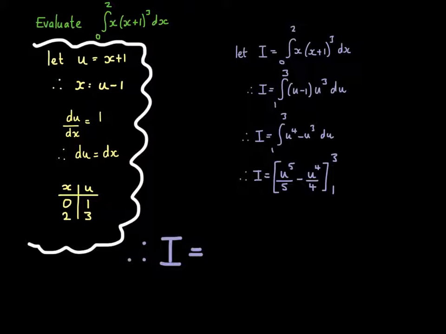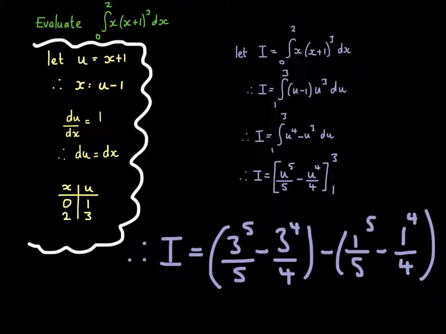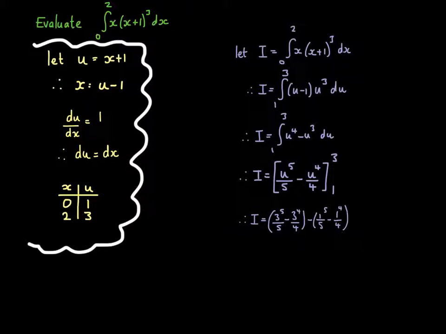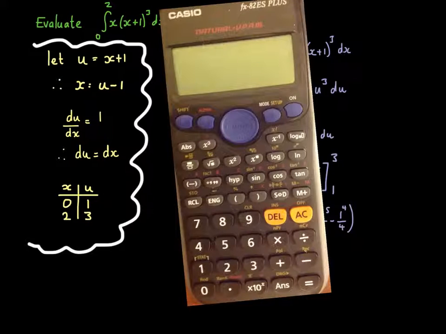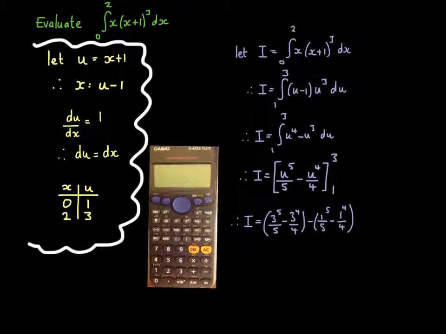We just use the 3 and the 1 to work out our value. So cast your mind back to C2, that's going to be 3 to the power 5 over 5, subtract 3 to the power 4 over 4. And now we substitute the 1s in. So 1 to the power 5 over 5, subtract 1 to the power 4 over 4. Okay, you can work that out and simplify it if you want, or you can be lazy like me and just whack that all into your calculator.